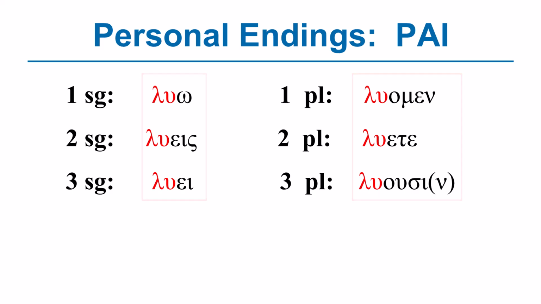To form verbs, you always attach the stem to the different endings in the singular as well as the plural. And so here you have luo, lueis, luei, luomen, luete, lusin. Remember the song? O, eis, ei, omen, ete, ousin.